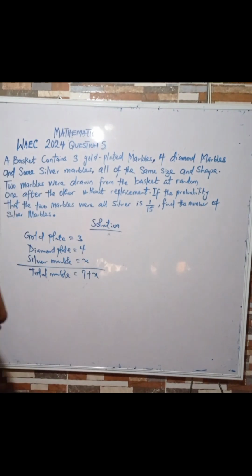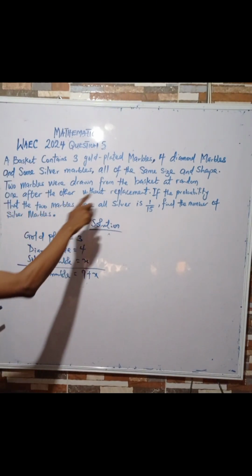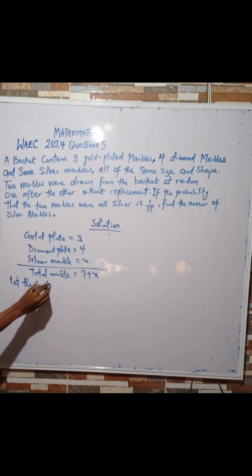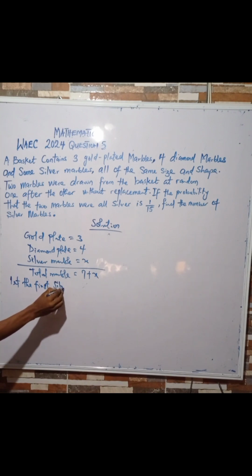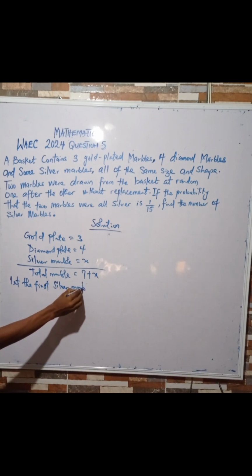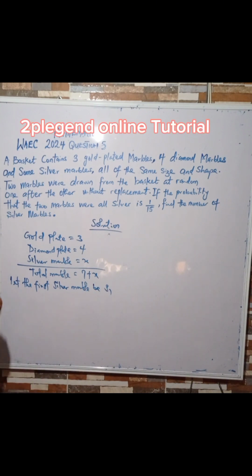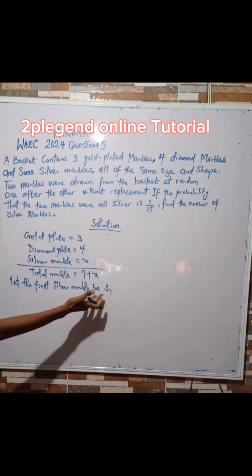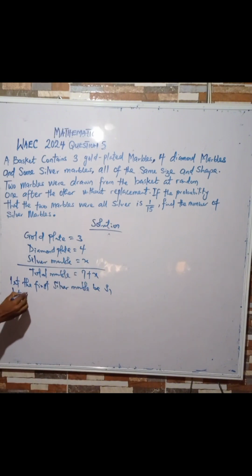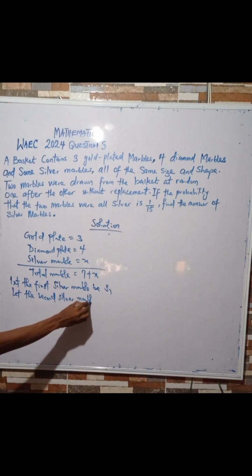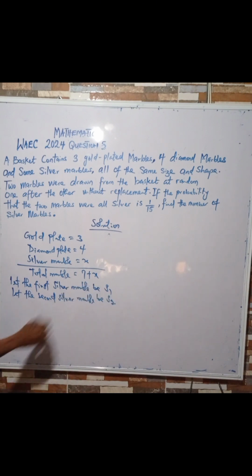So now we want to look at the marbles. They said the marble is silver, so let the first silver marble be X1. That is the first time you are picking a marble. Then let the second silver marble be X2.